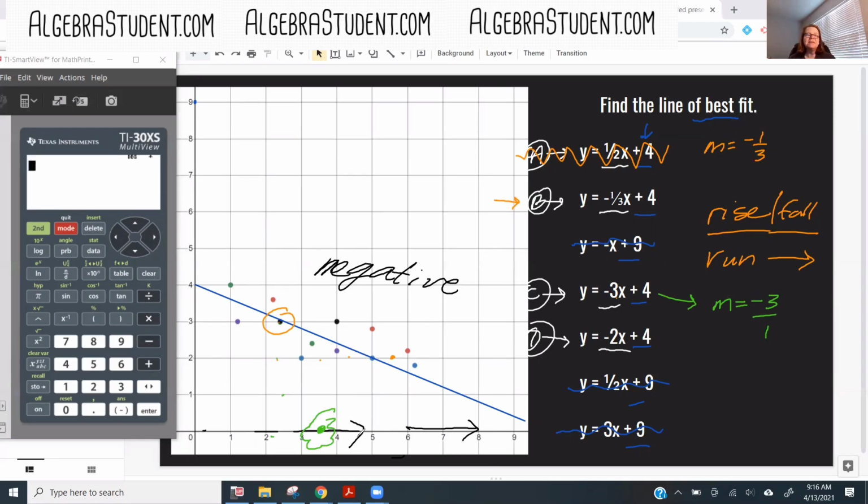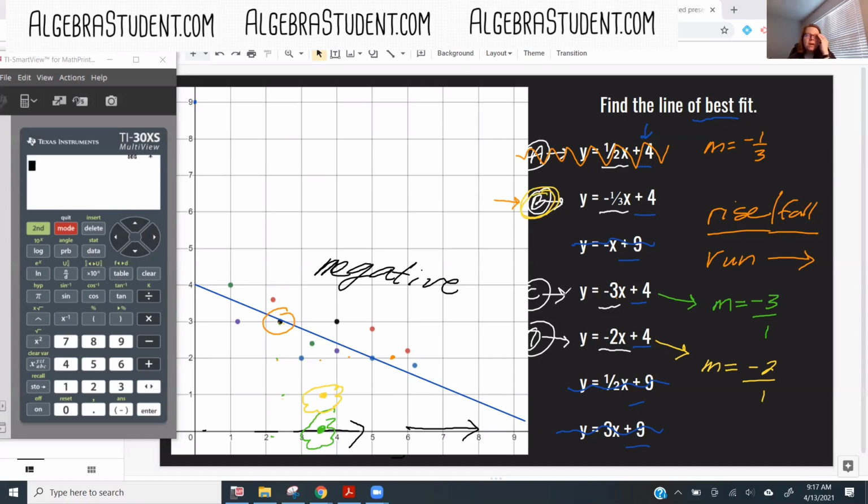It's not close. So I'm not feeling good about -3. If I do -2, that's a slope that's down 2 and right 1. From here, down 2, right 1, that's not looking close either. That helps me feel confident that B is the right answer.